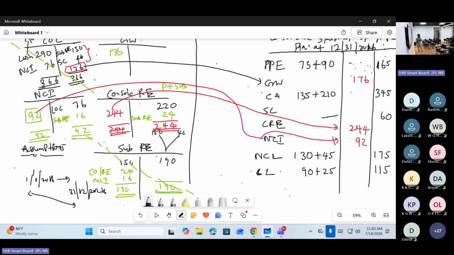Right. All other things we added line by line in the consolidation, right?